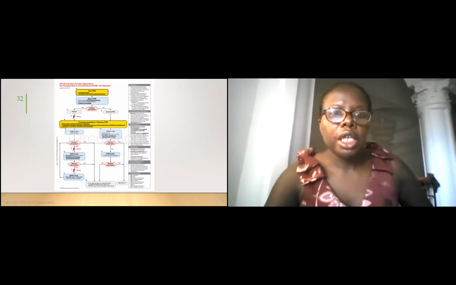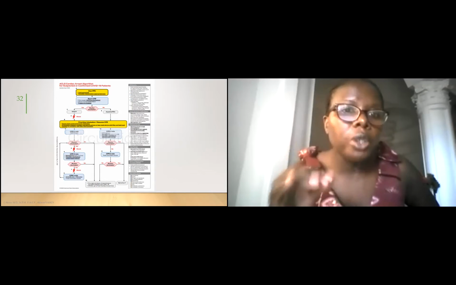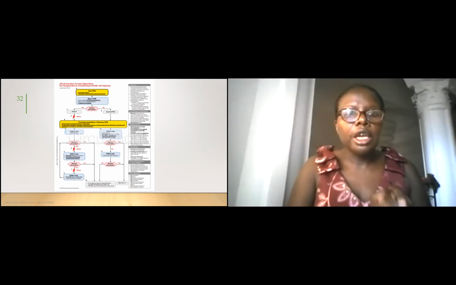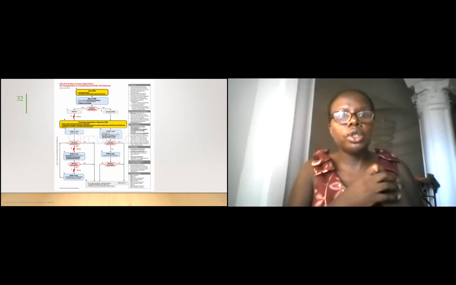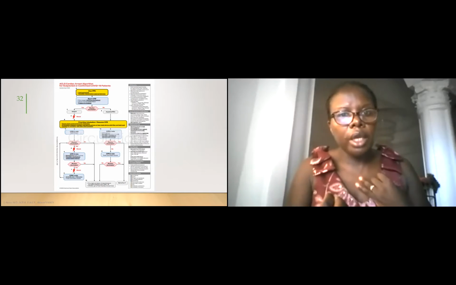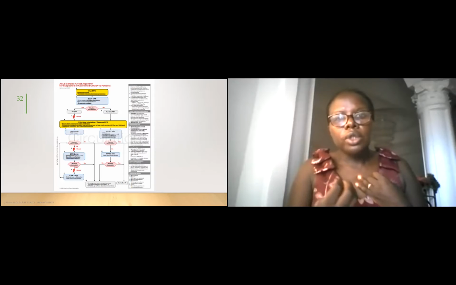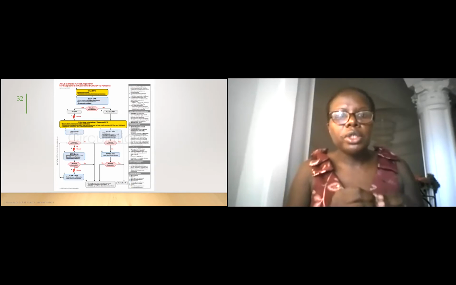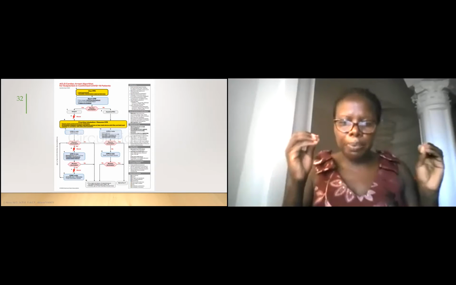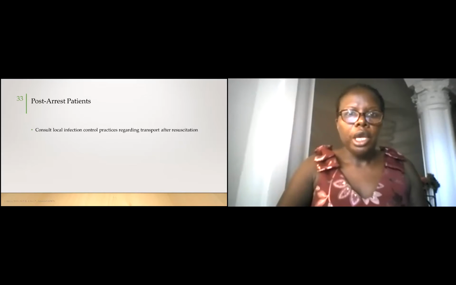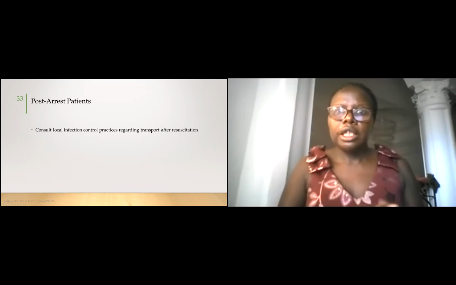You want to consider pausing chest compressions during intubation, and if intubation is delayed, you want to obtain a supraglottic airway. You can also use bag-mask devices with a filter and tight seal, and then you want to connect the patient to the vent as soon as possible. Again, these are the recommendations that are a little bit different.